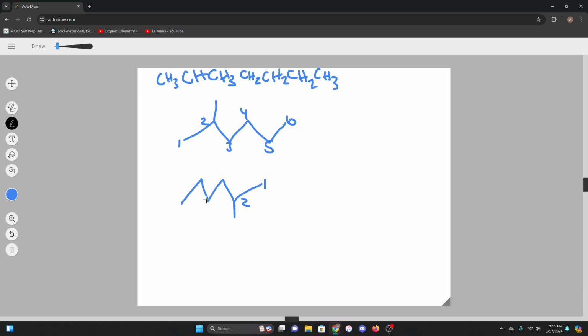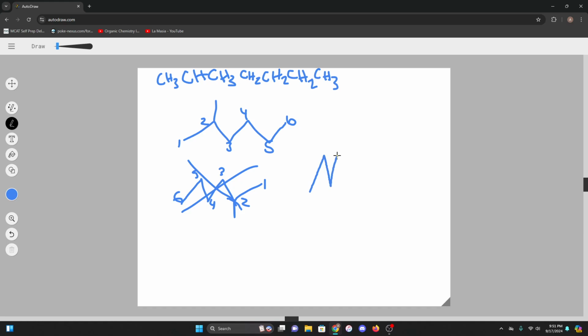You can't count from the left again, because when you're counting carbons, you want to count from the side where the substituent would be at the lowest number. If we start from the left, it would be number 5, but if we start from the right, it would be number 2. So 1, 2, 3, 4, 5, 6. This is not a constitutional isomer because the methyl group is still coming off the 2 just as it was right here. It's just this flipped around.